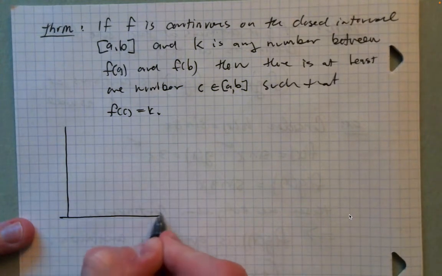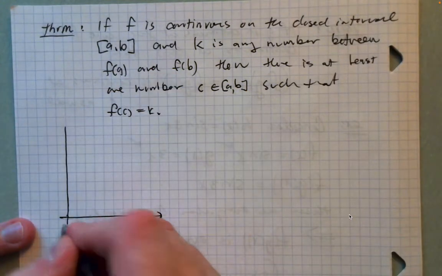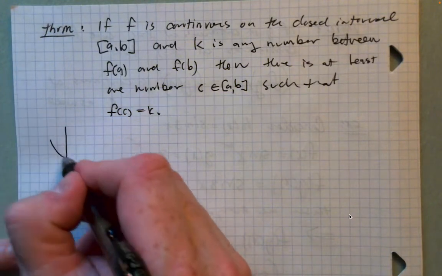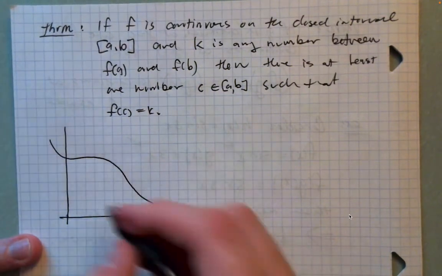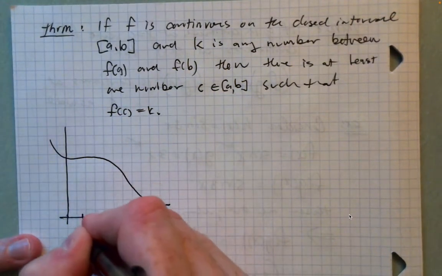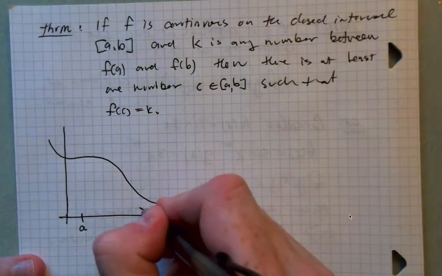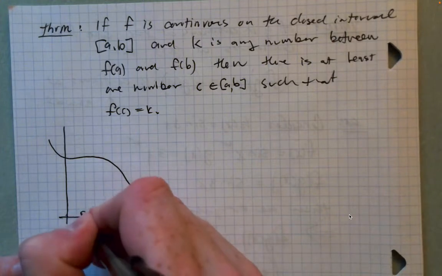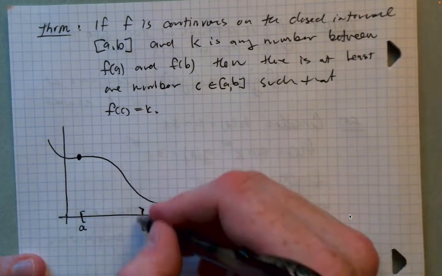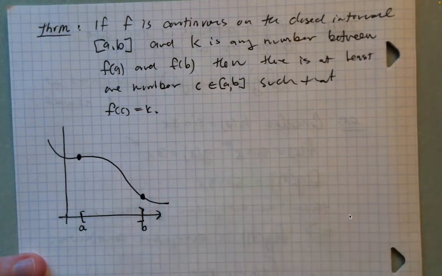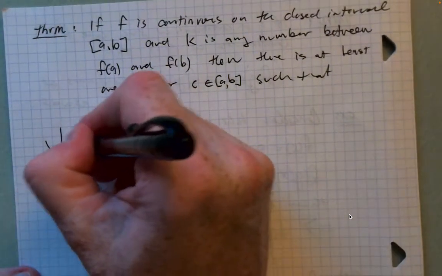So let me draw a picture here. Let's say our function kind of looks like this. It comes down like this, and here's a, here's b. We're talking a closed interval, so we're including those points. So that would be f of a, and this would be f of b.